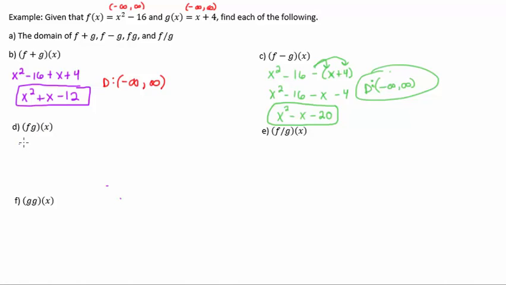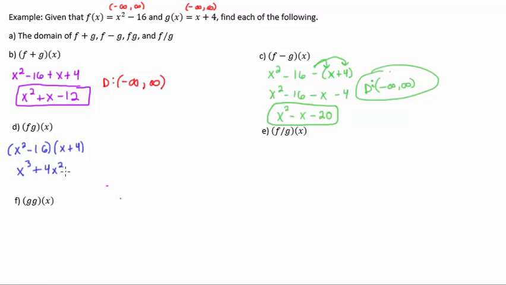Now let's multiply f times g. So x squared minus 16 times x plus 4. Since there are two terms in each of these parentheses, I'm going to do what we call FOIL. So we take the first term in each parentheses and multiply it together. X squared times x is x cubed. Outer is x squared times 4.